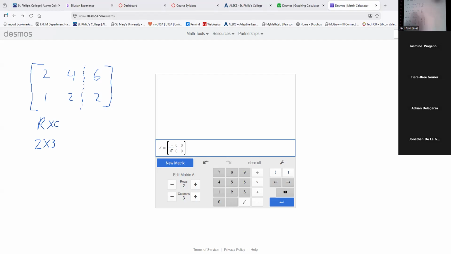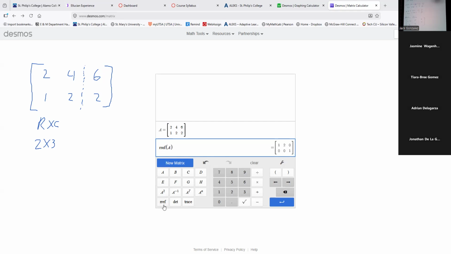So here we go. So put in 2 to your matrix calculator. Let's have it solve it for you. 2, 4, 6, 1, 2, 2. So now once you have it in there, press enter and do RREF on A. So matrix A is what we just input.